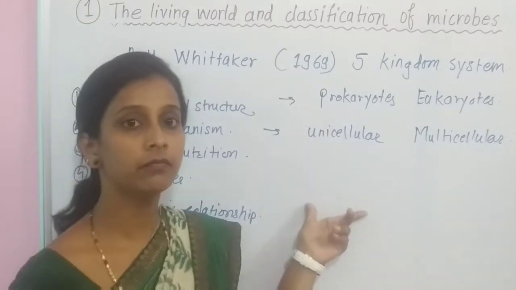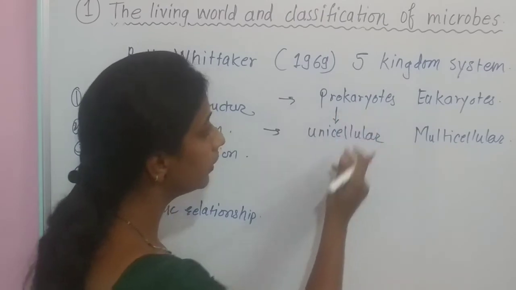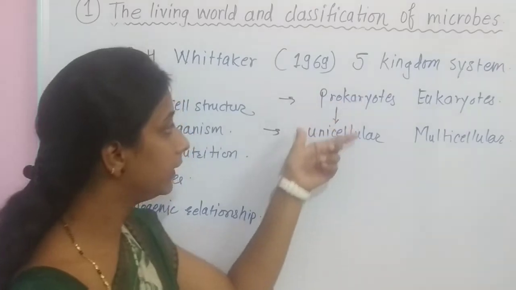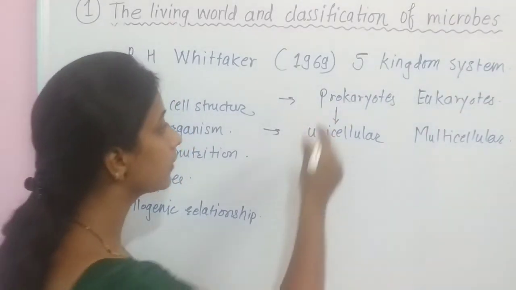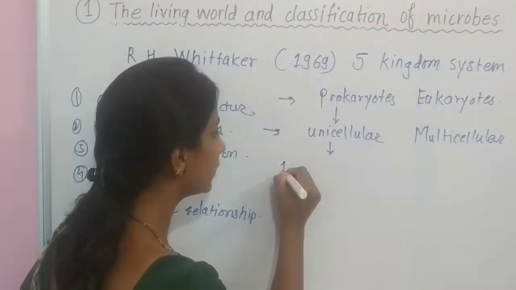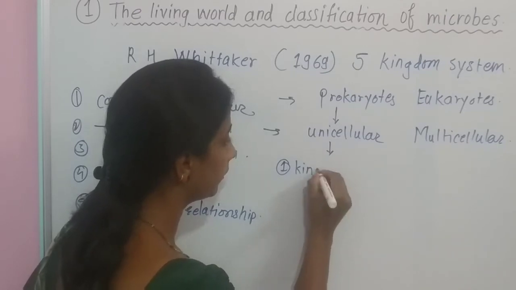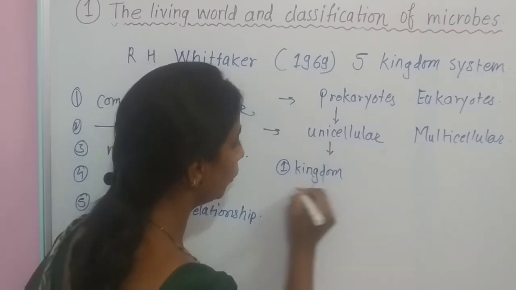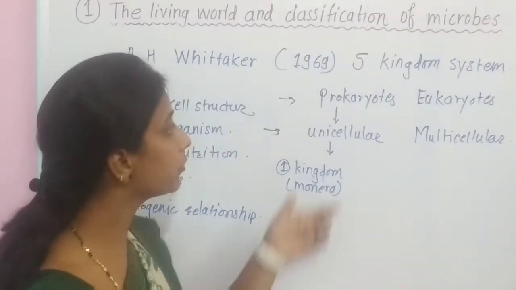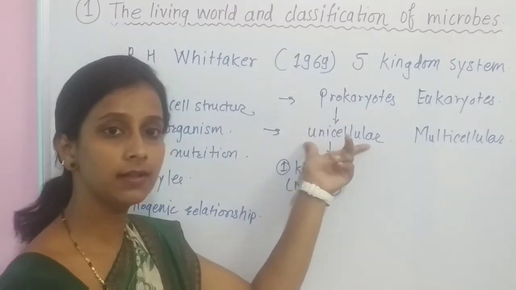Let us see the five kingdoms invented by Whittaker. He divides into prokaryotes and eukaryotes, and the first kingdom is the prokaryotic unicellular organisms. He put them into the first kingdom, kingdom Monera, meaning the organisms which are prokaryotic and have a single cell.